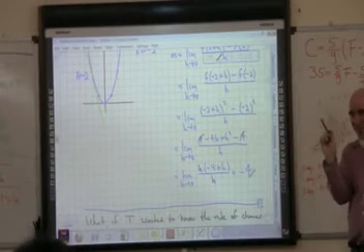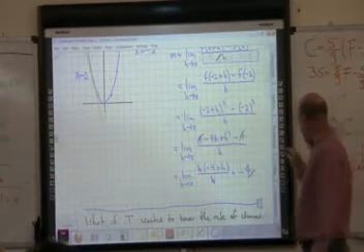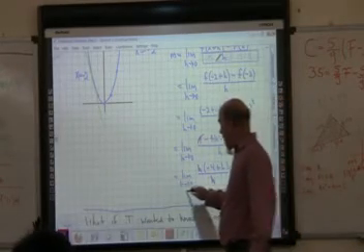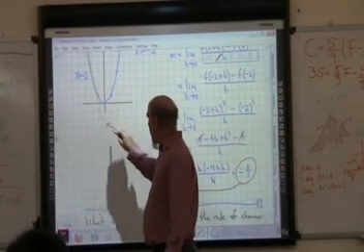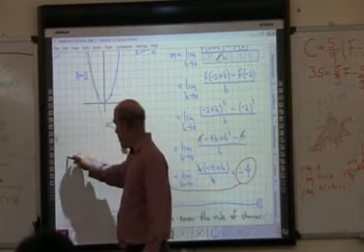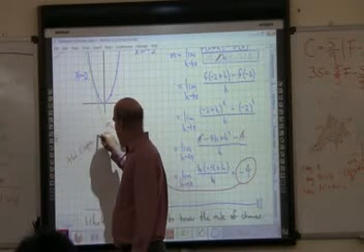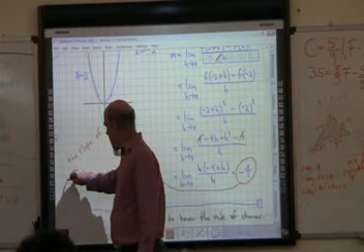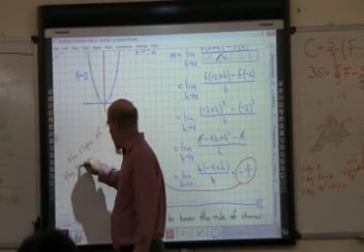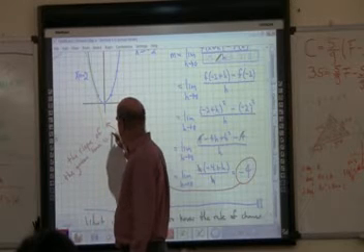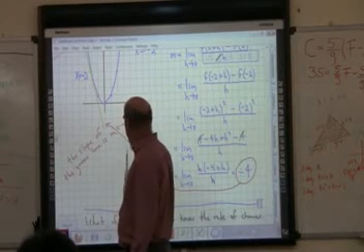You with me? Okay. So what I'm saying here is that this value, negative 4, means the slope of the green line is m equal to negative 4.